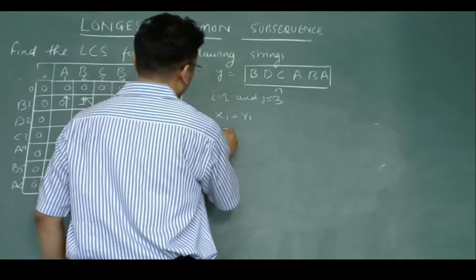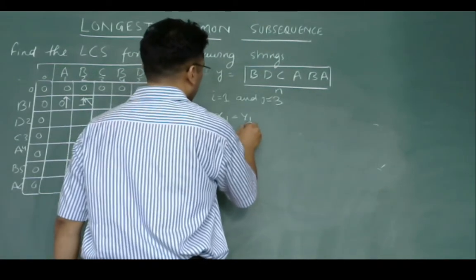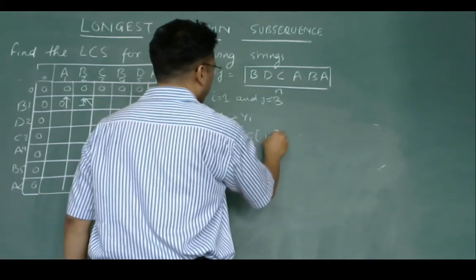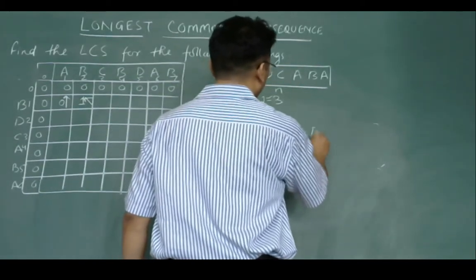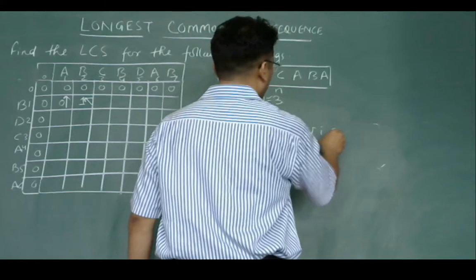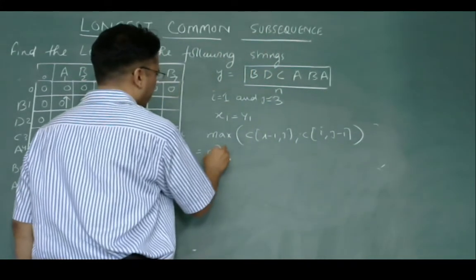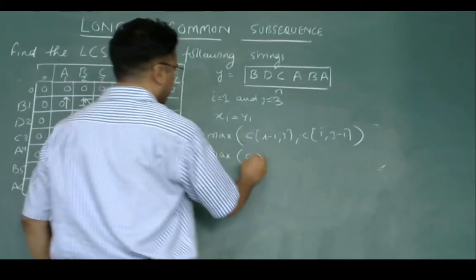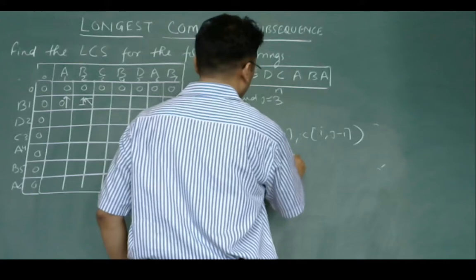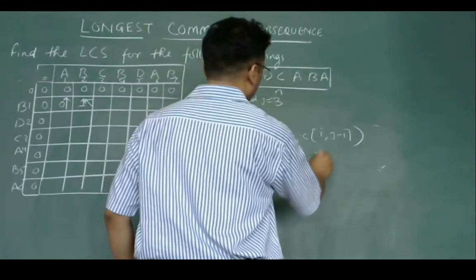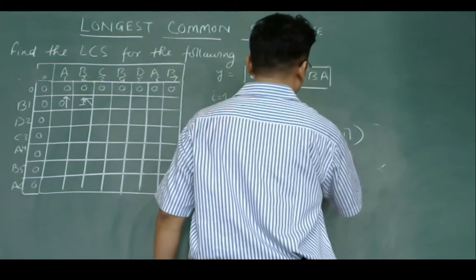In this situation, we compare the max of c[i-1, j] and c[i, j-1], which is equal to the max of c[1-1, 3] and c[1, 3-1].